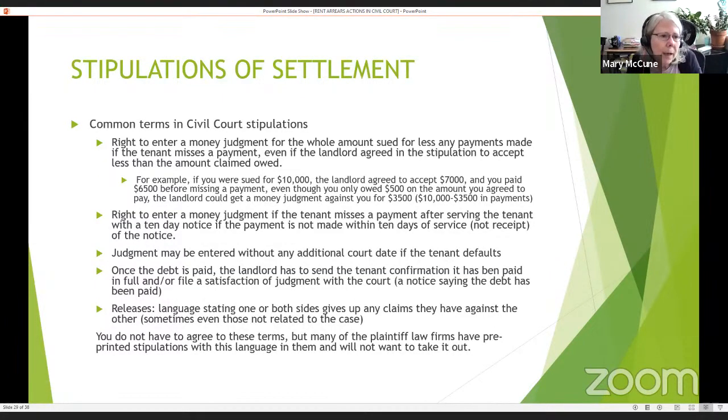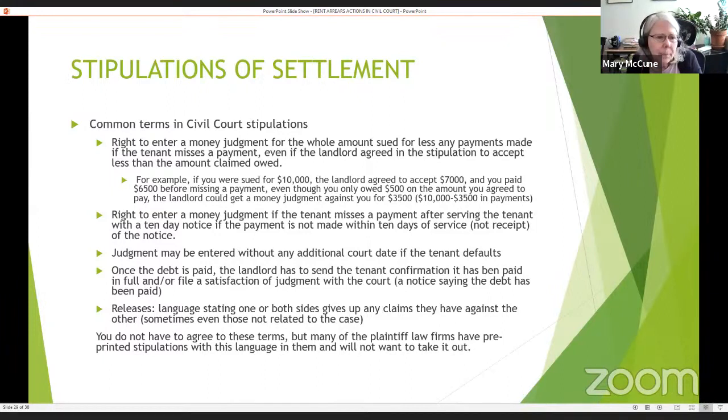So what sort of terms get put in stipulations of settlement in civil court? It's a little different than housing court. If you have that experience, the way stipulations are written in civil court can be quite a bit different. In civil court, we're talking about money judgments. I think I already said they can't evict you, so there are no judgments of possession giving them a right to your apartment.